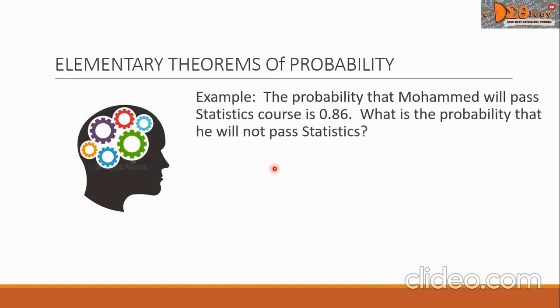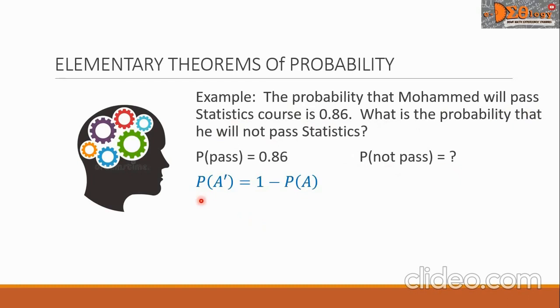Let's have an example. The probability that Muhammad will pass his statistics course is 0.86. What is the probability that he will not pass his statistics? The probability of passing is 0.86, and the probability of not passing is what we want to know.